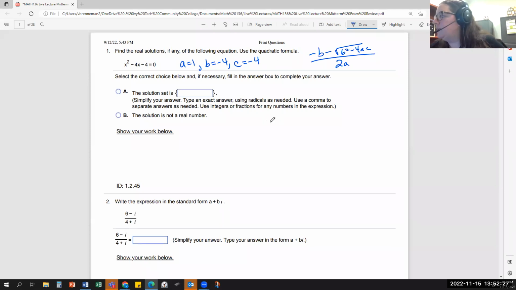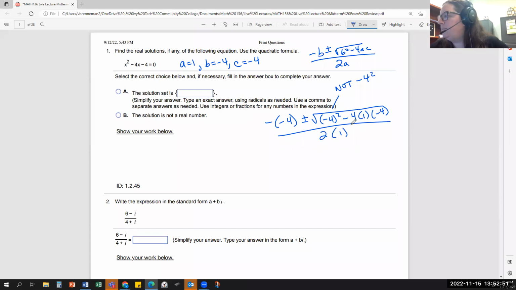So we plug those in. Use parentheses when it's a negative. So it's not just going to be negative 4 squared, but the whole negative 4 is going to be squared. Minus 4 times a times c all over 2a.